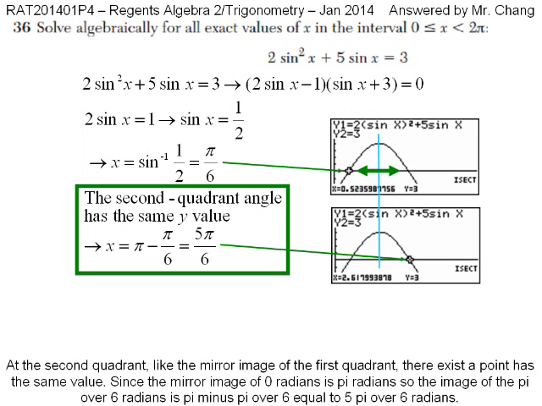In the second quadrant, like the mirror image of the first quadrant, there exists a point that has the same value. Since the mirror image of 0 radians is pi radians, the image of pi over 6 radians is pi minus pi over 6 equal to 5 pi over 6 radians.